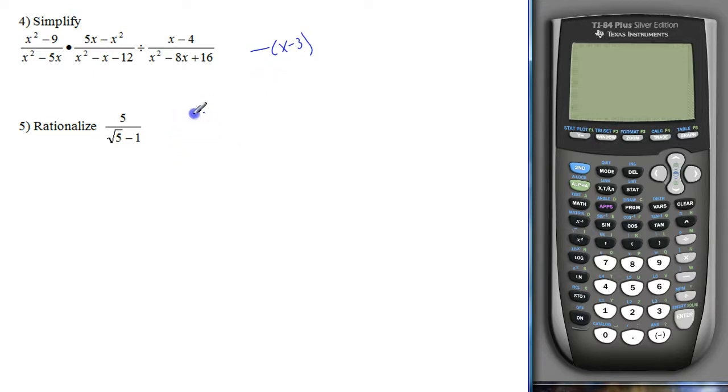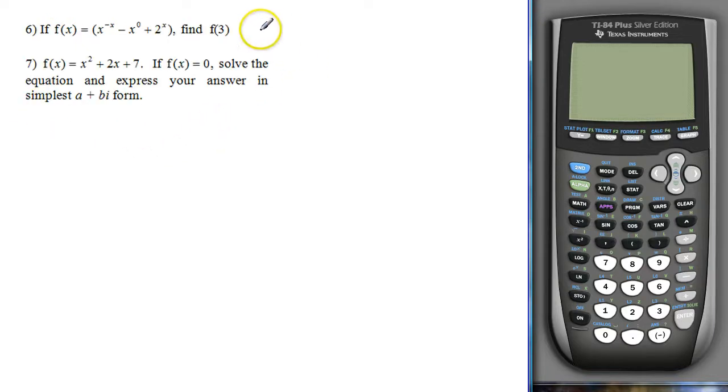Number 5, 5 times radical 5 plus 1 all over 4. Number 6, 190 over 27. Number 7, negative 1 plus or minus i radical 6.